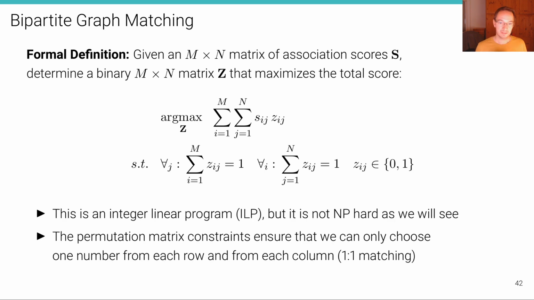This is an integer linear program, or ILP in short, which in general is NP-hard, but luckily in this particular case it's not. There are polynomial time algorithms for solving it.